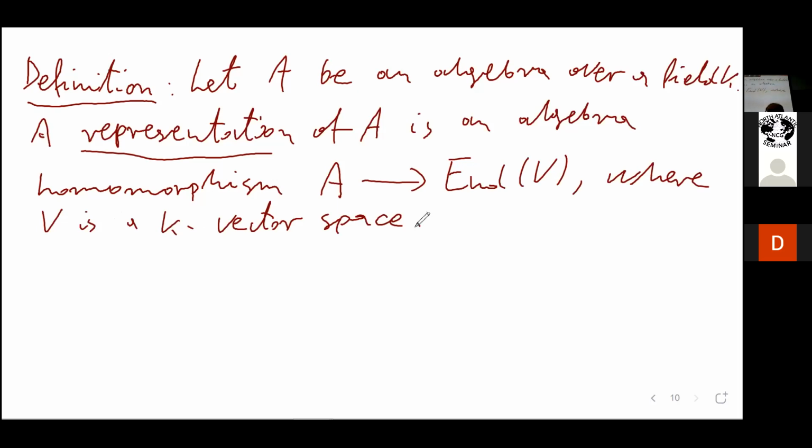So now, in order to define the induced representation of a path algebra, given a representation of its graph, I just have to build up a vector space V. I take the algebra of endomorphisms of a vector space, and I have to construct for you an algebra homomorphism from my path algebra KE to the algebra of endomorphisms of V. That's precisely what I'm going to do.